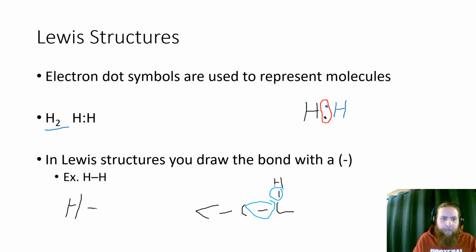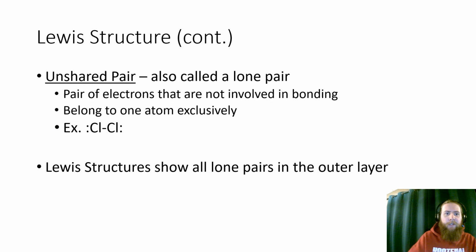Now, I know the blue's a little hard to see there. Let me go red, a little bit bolder and brighter. So remember that this is still 2 electrons. One solid line is 2 electrons being shared. And that's going to be important coming up because we're going to have more than one line.